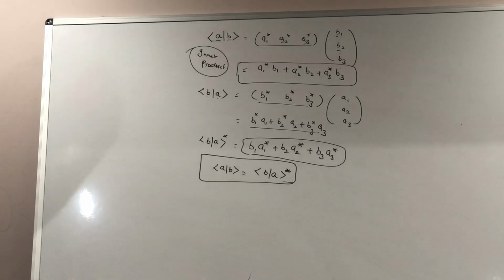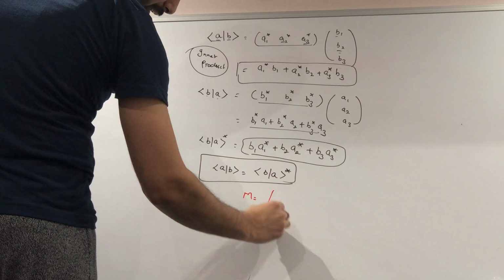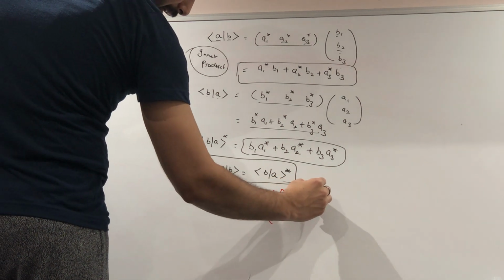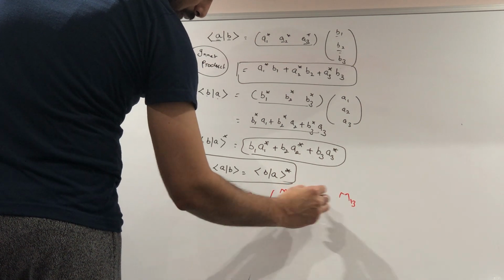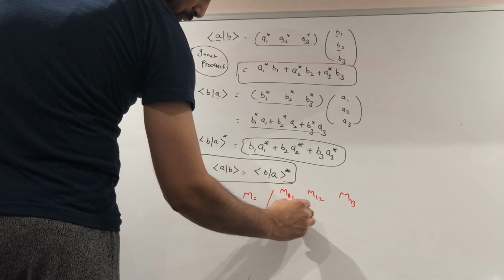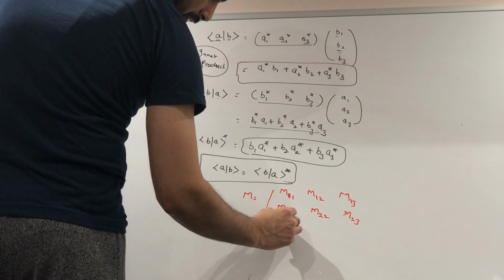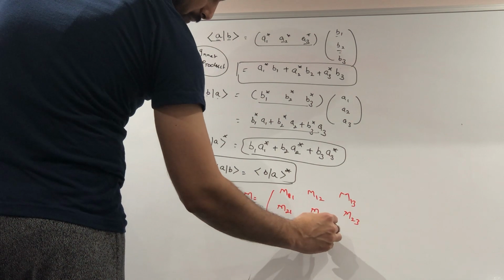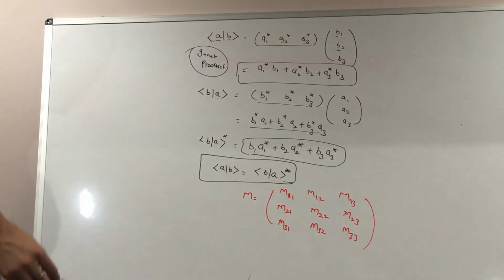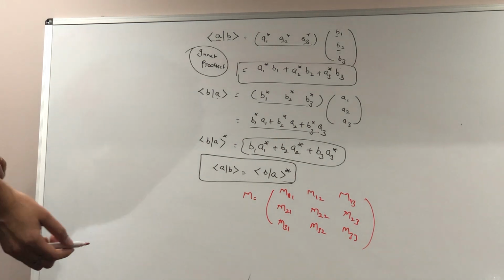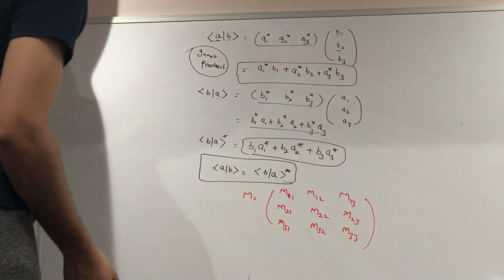For example, I'll take a general matrix M, and I have the elements of the M matrix like this: M11, M12, M13, M21, M22, M23, M31, M32, M33. So this is a general 3 by 3 matrix I'm taking here. These numbers can be real as well as complex.